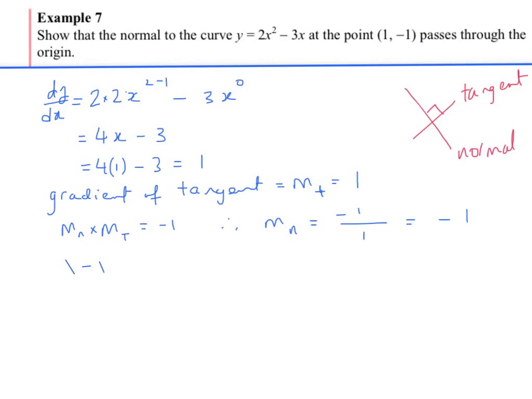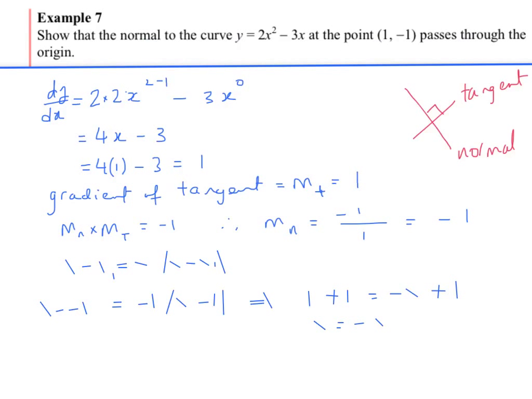So we've got y minus y1 equals m(x minus x1). And if we substitute x equals 1, so the gradient is minus 1, x minus 1 equals y minus 1. So it leads to y plus 1 equals minus x plus 1.